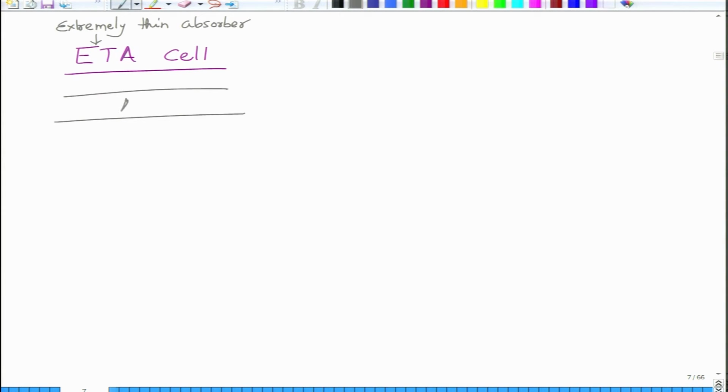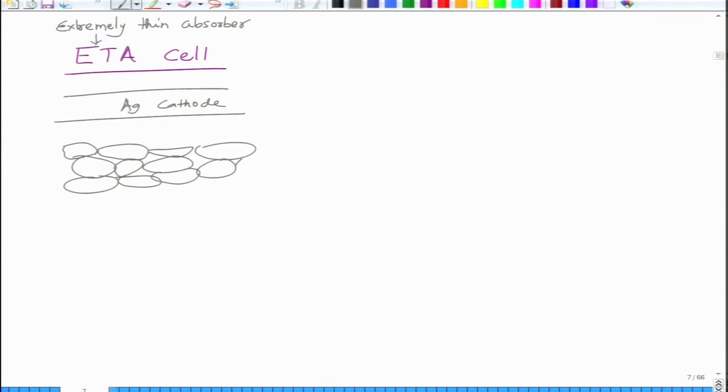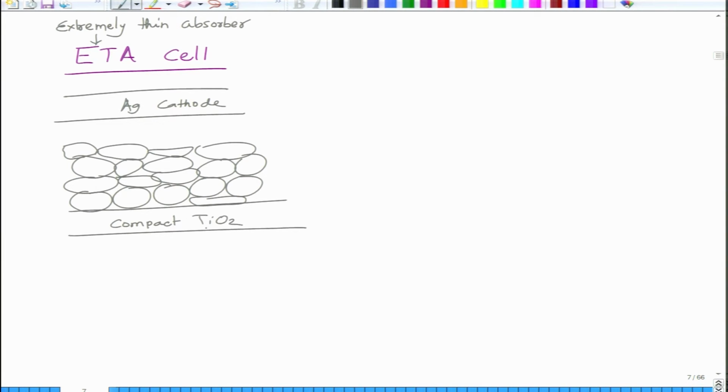So people started with a silver cathode, then we had an HTM, and we had these nanostructures of TiO2, and then you can put on a compact TiO2, and then we had FTO and glass.